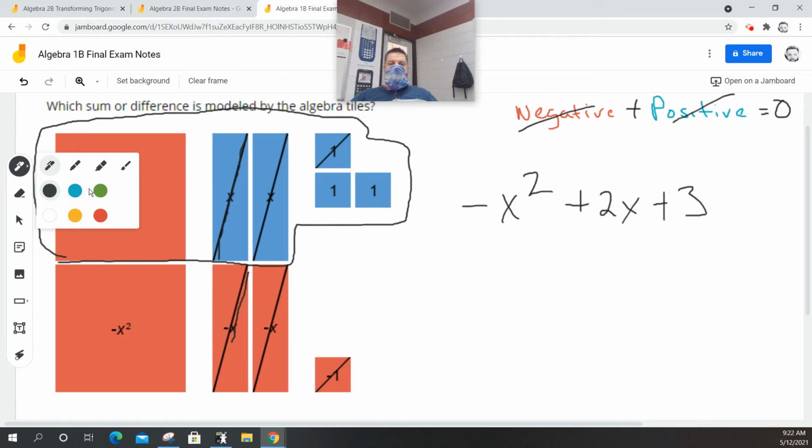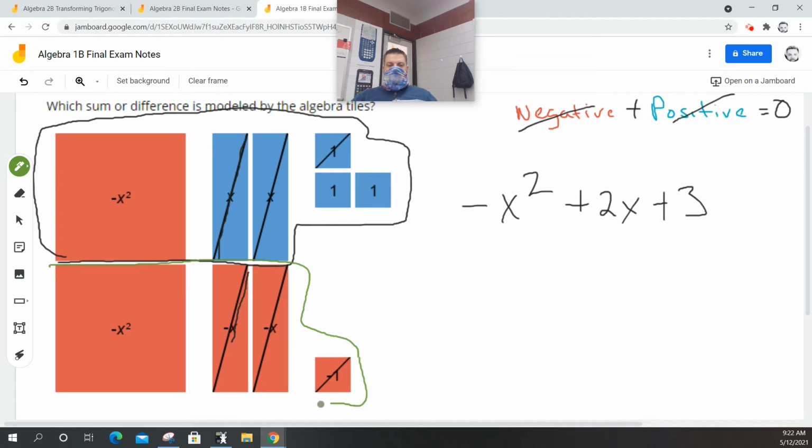Now the next equation, this one right here, this is negative x squared, 2 negative x's, and then 1 negative 1.